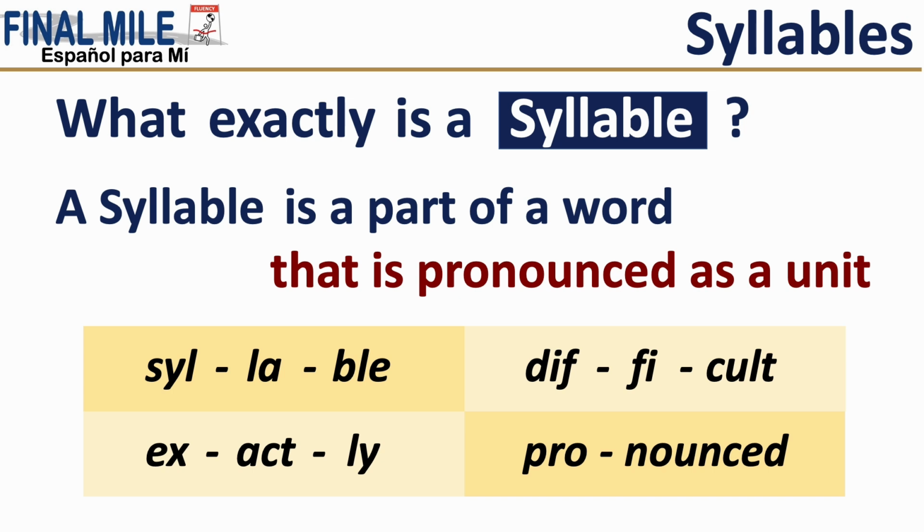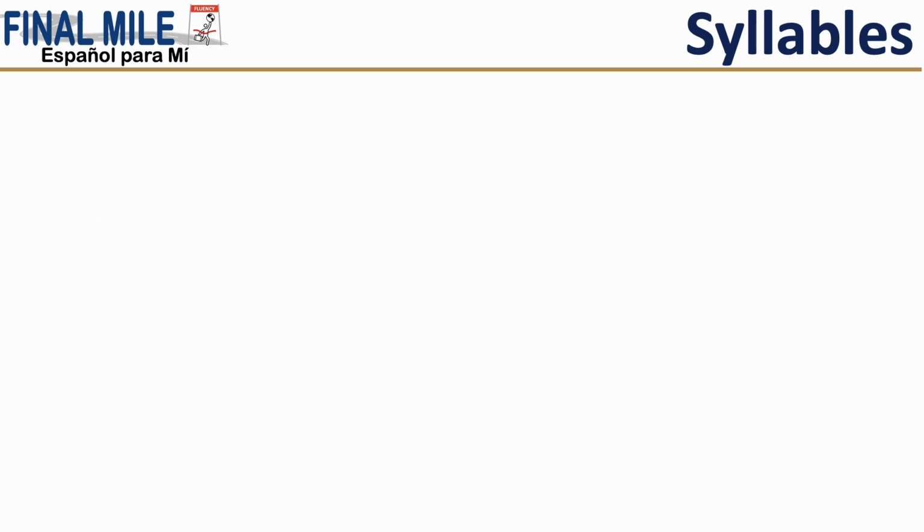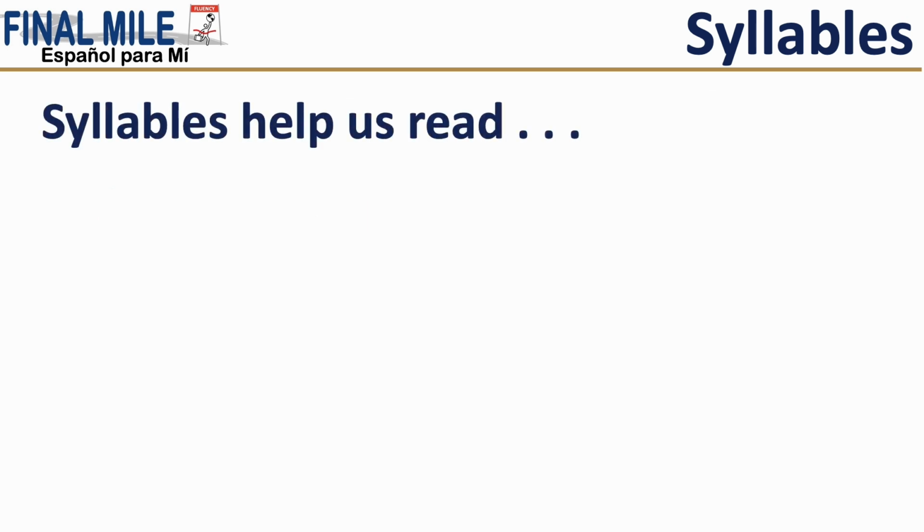We can't stop in the middle of nounced and still have it sound right. If we said noun, it would sound weird, right? So that's the whole point of a syllable. That is how we group the letters to pronounce them as subunits of a word. And this is where accent hides, especially in Spanish.